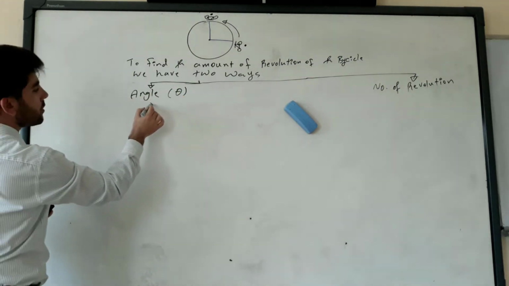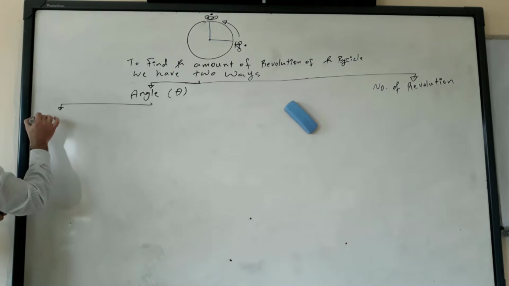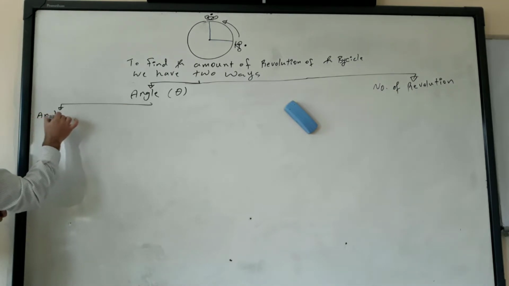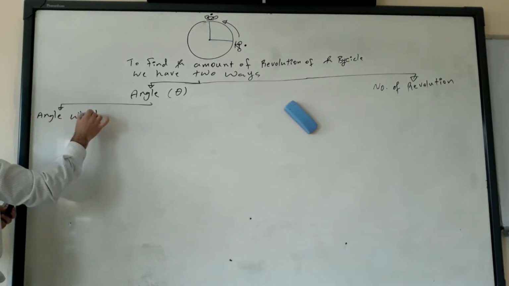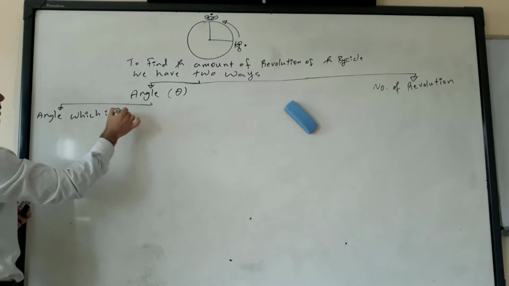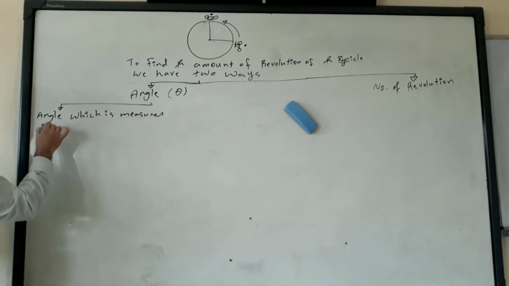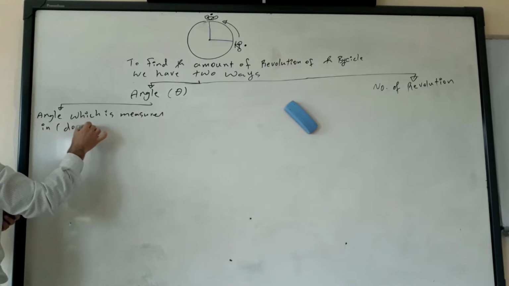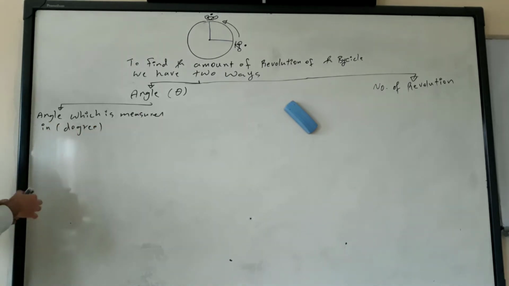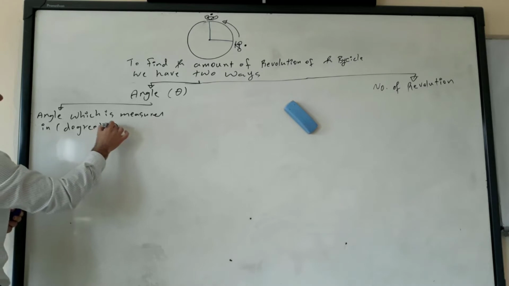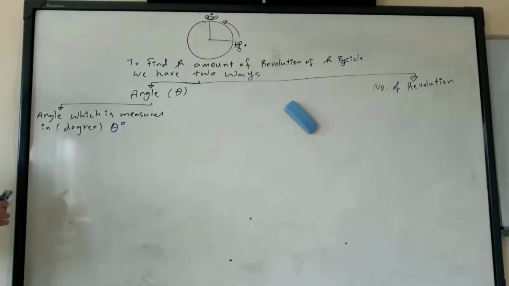And we have two types of angles. An angle which is measured in degrees. Okay, we have one type of angle which is measured in degree, theta measured in degrees.